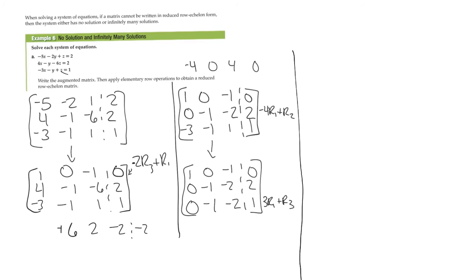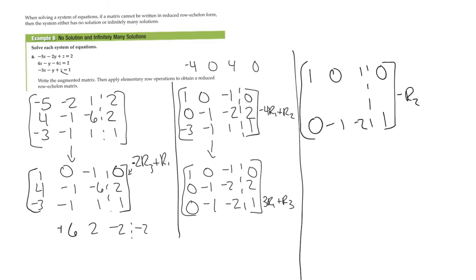All right, I'm going to do less talking and less scratch work, so it speeds up a teeny bit. This next step, I'm going to see that I need to reduce that -1 in row 2. So my row 1, my row 3. If I just do a negative row 2, that'll work for me.